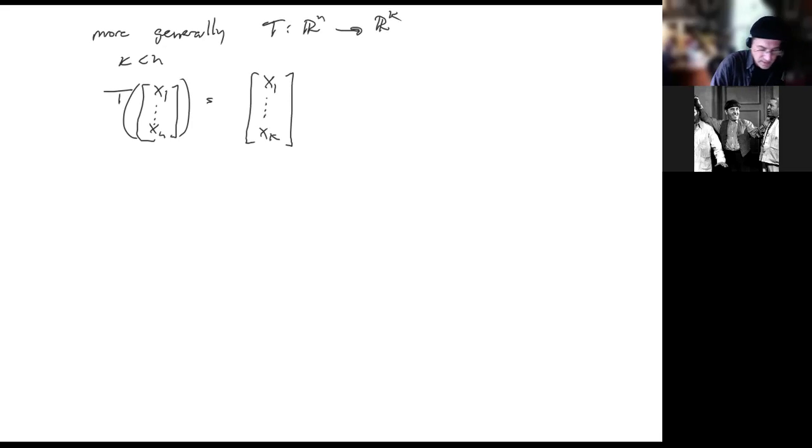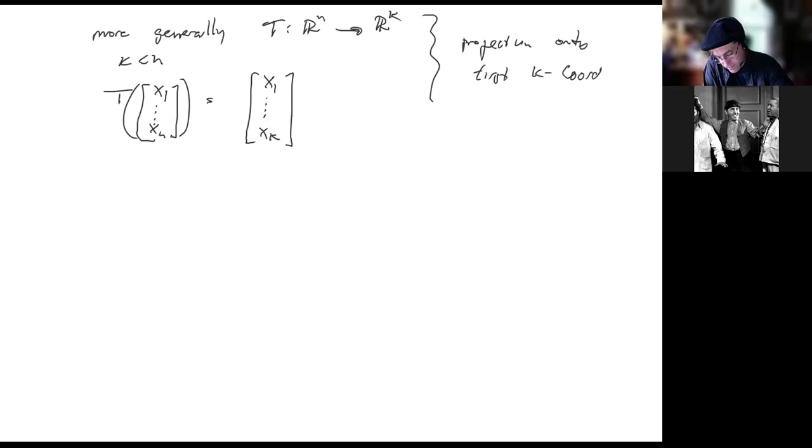This is pretty clearly a projection. We think of this as a projection onto the first k coordinates. And this is a linear transformation. It preserves sums of vectors, and you can move scalars through it. Okay, so that's it for projections.